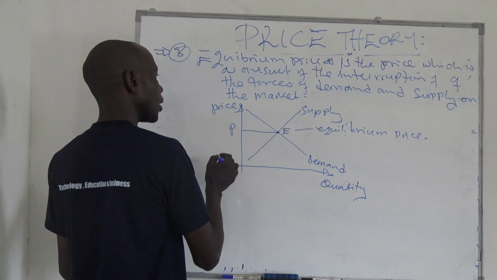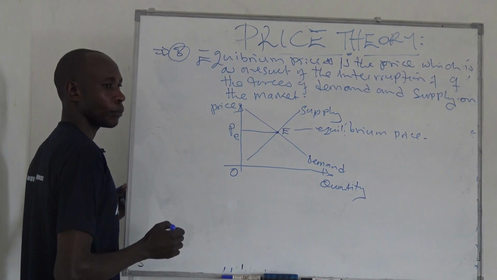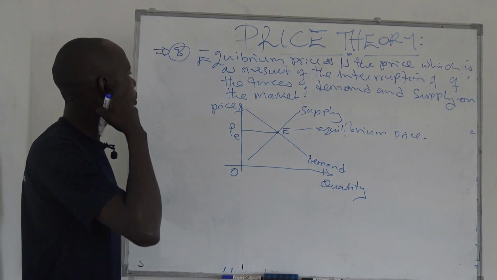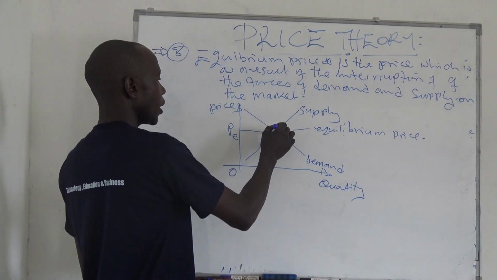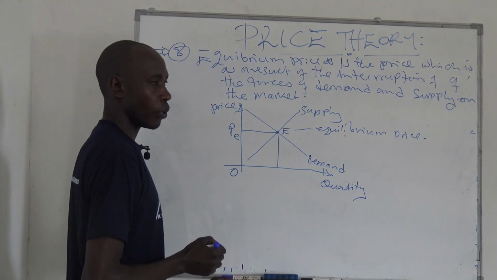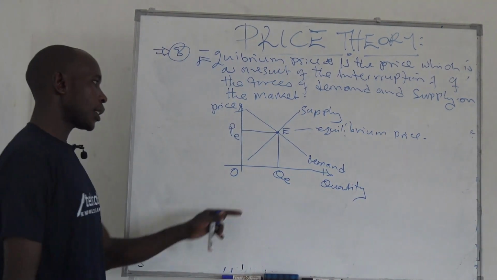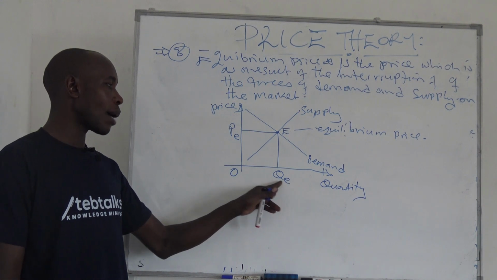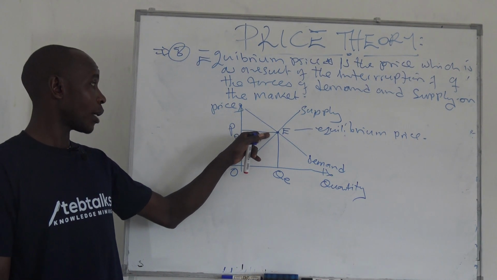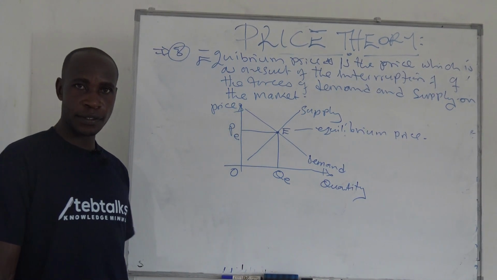At that price, denoted PE, meaning equilibrium price, we have a given quantity determined at that point, which is called quantity E. Quantity E means the equilibrium quantity, which is supplied and demanded at the equilibrium price.